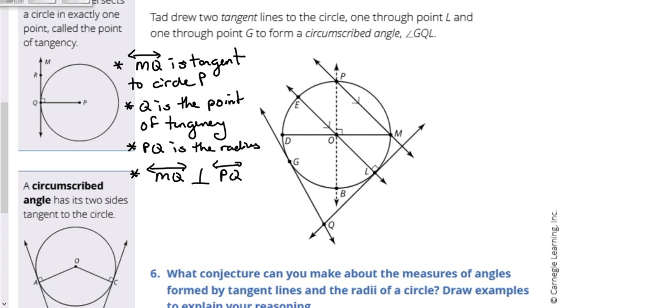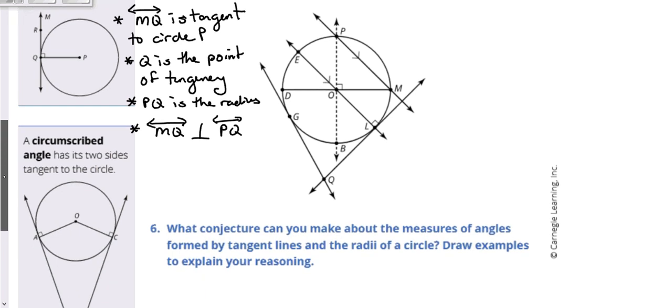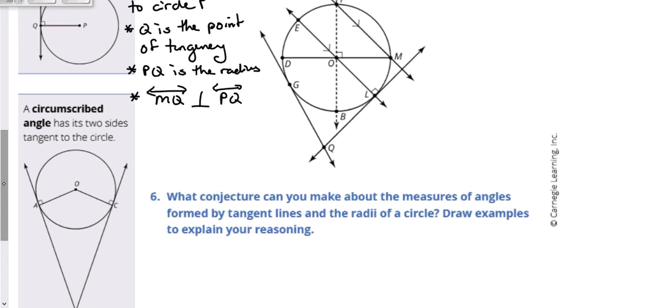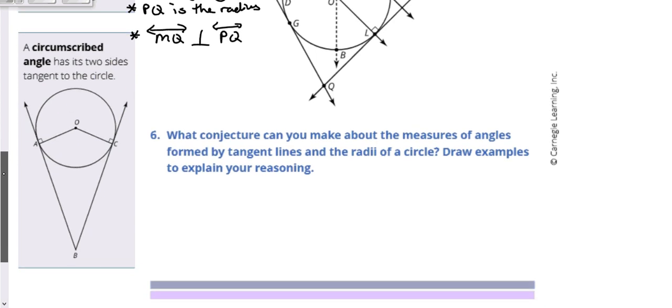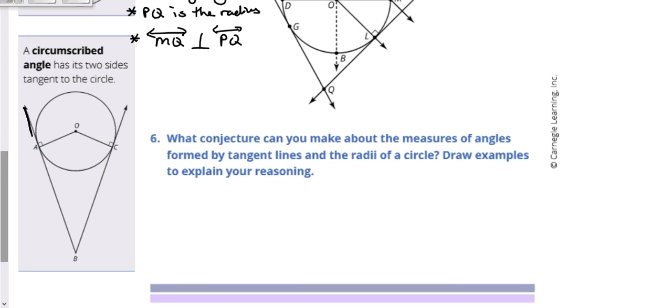Okay. So anytime that you're told you have a line that is tangent, then that means that at that point of tangency, the radius from that point is perpendicular to that tangent line. Kind of like here, you have this circumscribed angle, which has two sides that are tangent to the circle. So they're talking about this angle way down here.